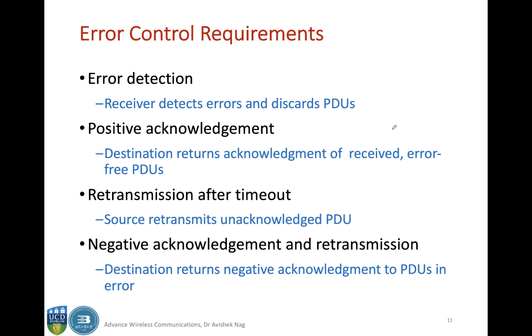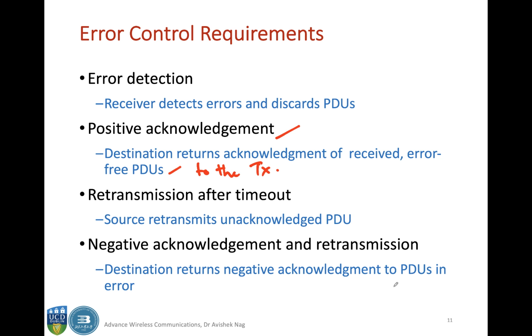But if there is no error, then the receiver sends a positive acknowledgement, okay. So it returns an acknowledgement of received error-free PDUs to the transmitter. And then there can be negative acknowledgement also.